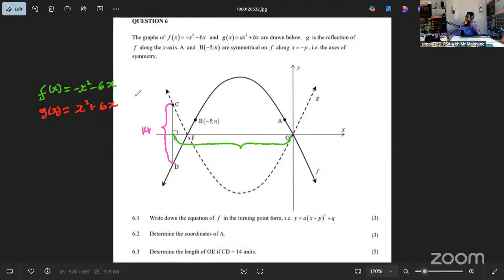Now, when you get the length, you're just looking at the equation. So this is f of x. Let me write it in green. This is f of x. This is g of x.